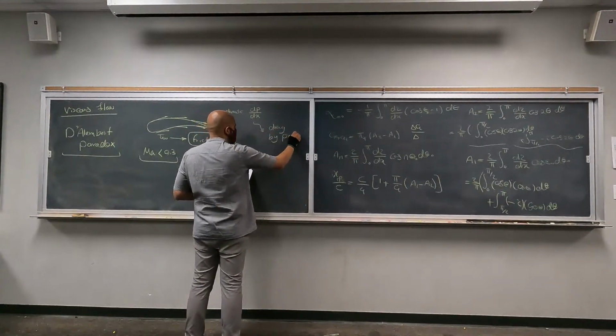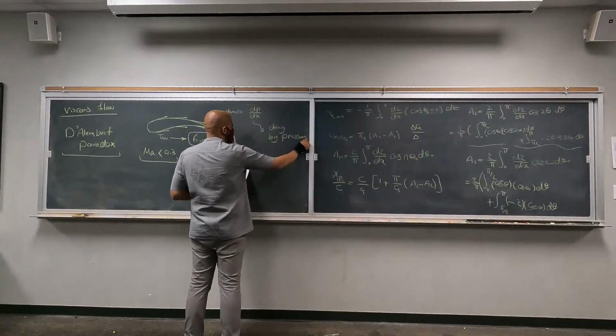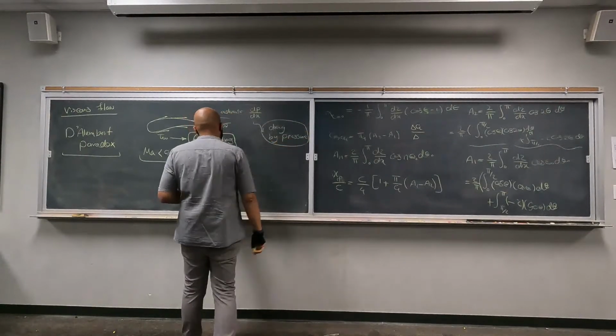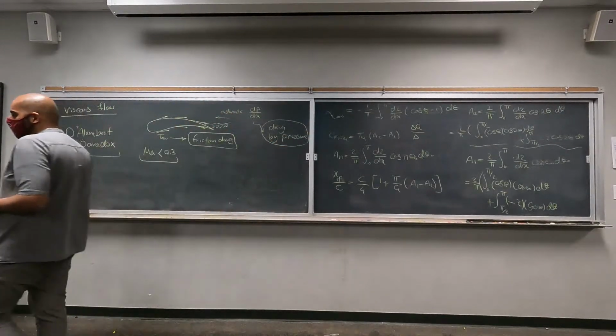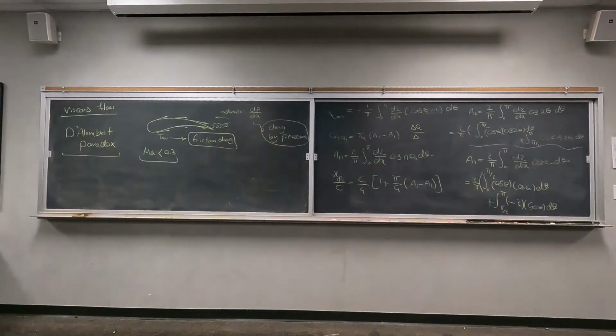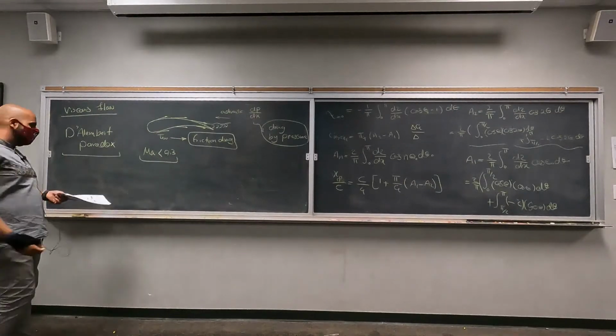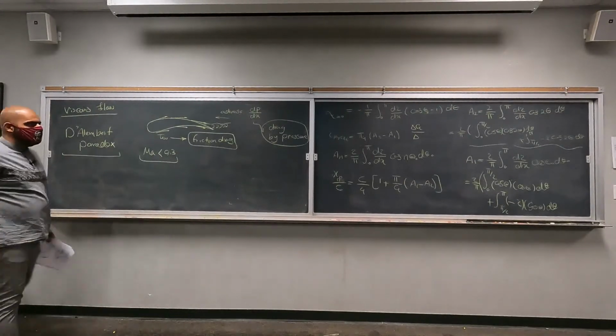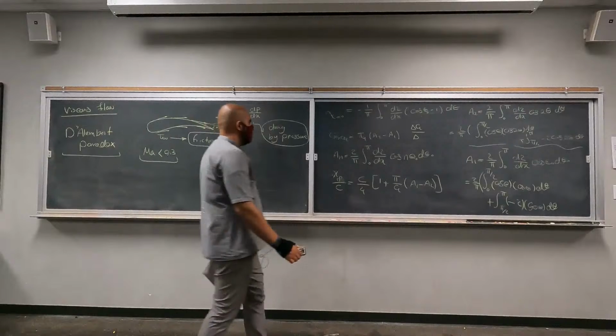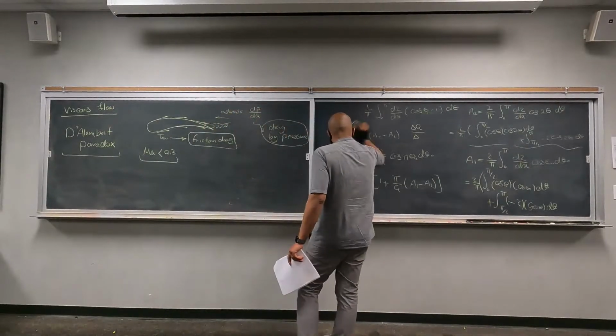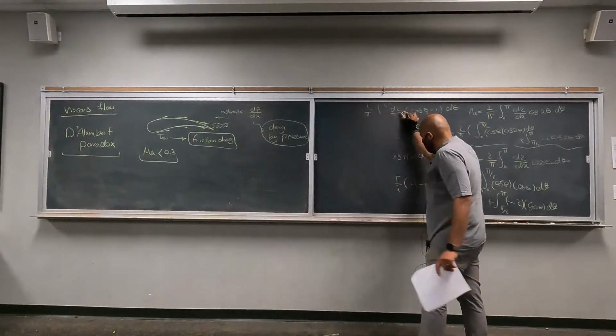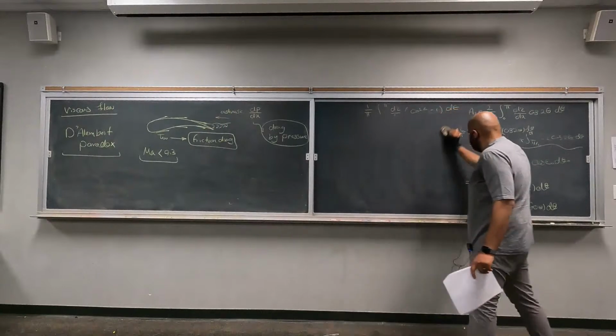Some people call it pressure drag or the form drag. Two main types of drag. In this lecture, we are mainly focused on the friction drag, how to calculate the friction drag, and the type of analysis we need to do to find the friction drag.